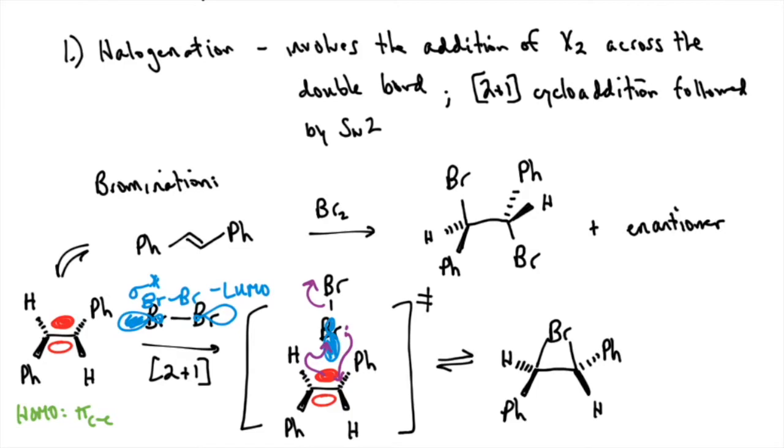Because it's concerted, we don't have any bond rotation around that carbon-carbon bond. Bromine is going to be positively charged. The phenyl group on the left is towards us, the phenyl group on the right is back away from us. So we've got this bromonium ion intermediate.